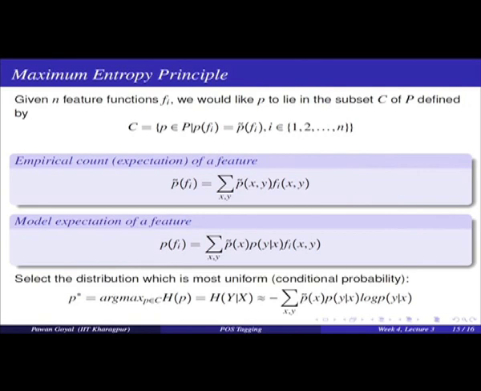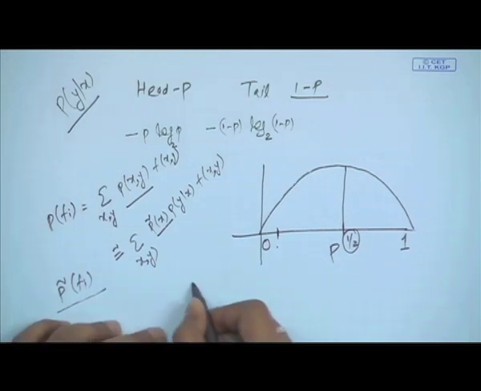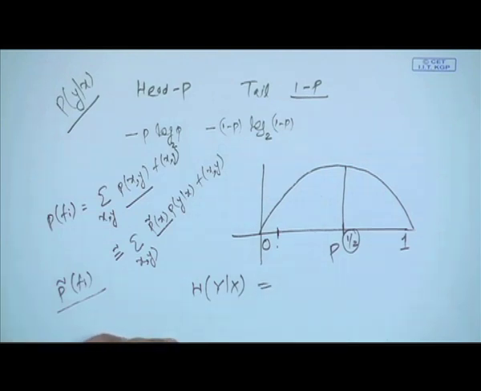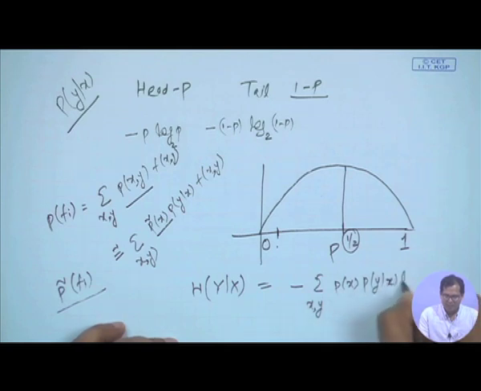Now I am computing this probability distribution. What will be the maximum entropy model? It is the one that gives me the highest entropy H(y given x), and with some quick maths, that will be minus the sum over x,y of p(x) p(y given x) log p(y given x).